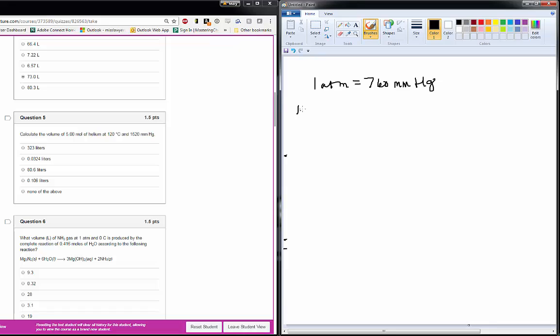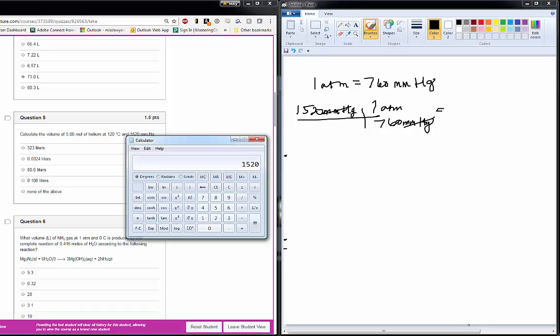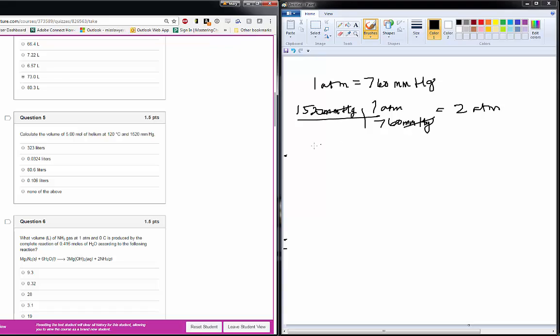So let's do that. 1520 millimeters of mercury, 760 for every 1 atmosphere, gives me an actual pressure of 2 atmospheres.